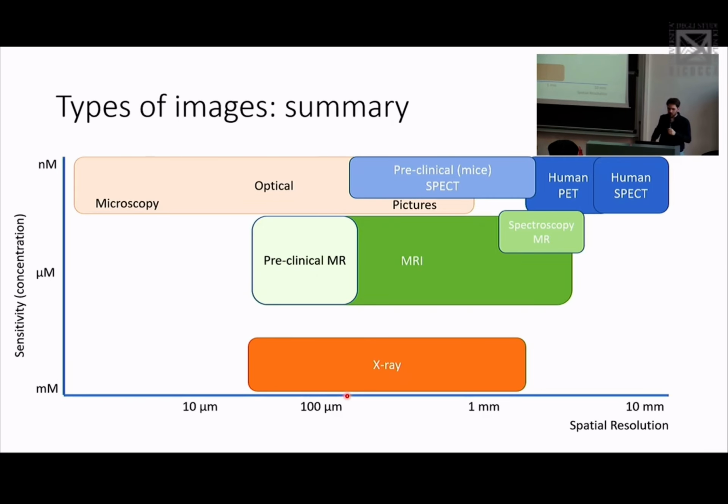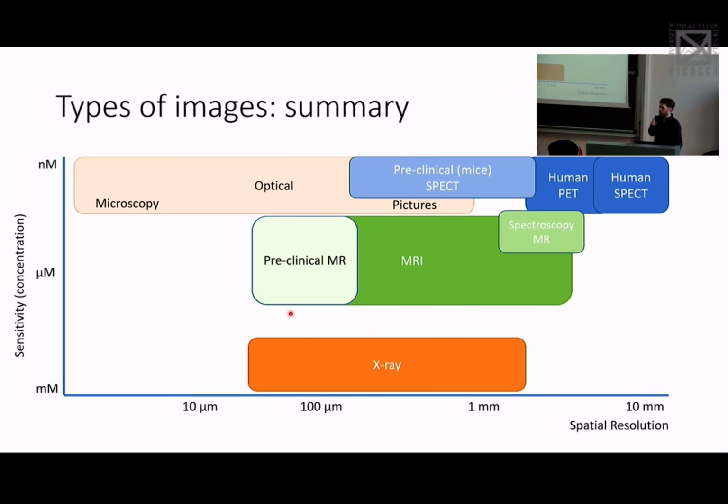Now, to summarize, we can summarize this way using the spatial resolution and the sensitivity to concentration of some chemical substances. When you're working with X-rays, you can go down in spatial resolution to less than 100 micrometers, but you don't distinguish different tissues very well by their chemical composition. With MRI, instead, you can have a much higher resolution. With human MRI, you're generally limited to 1 millimeter, half a millimeter.